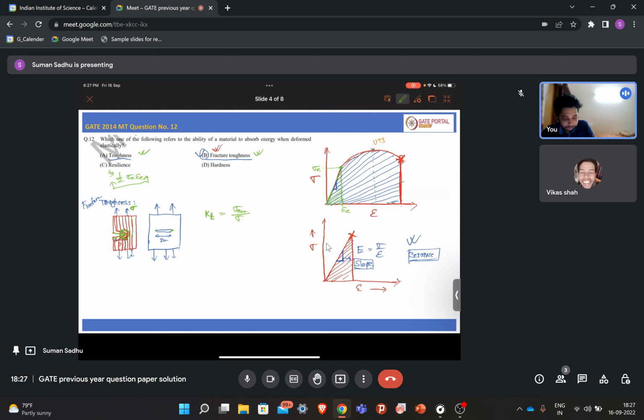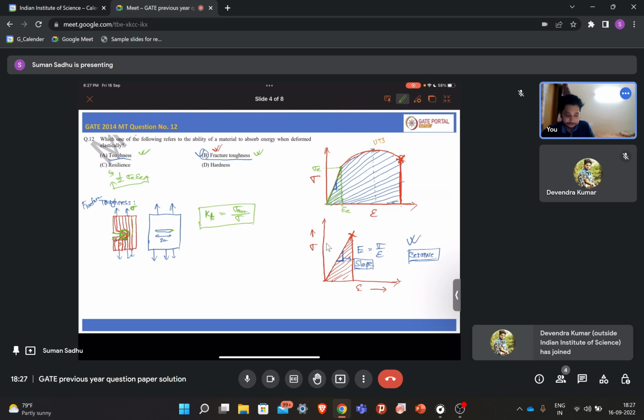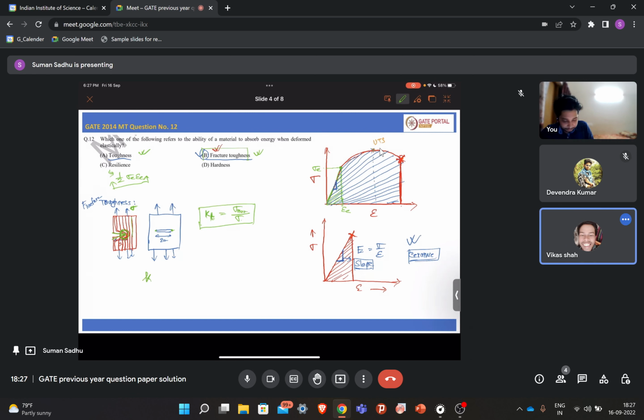This is termed as Kt. And for fracture toughness, the relation is K is equal to Y into sigma applied, root over of pi a. So this is the fracture toughness.